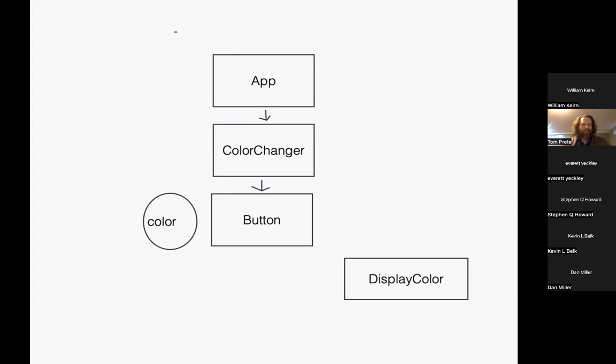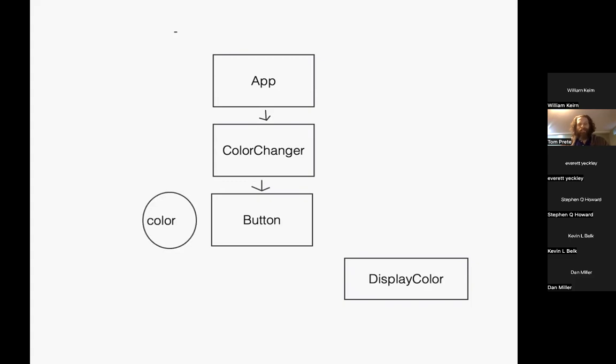Let me get rid of this box, and I'm going to add another one. We started with state in the color changer, and then we pushed it down because we were refactoring.